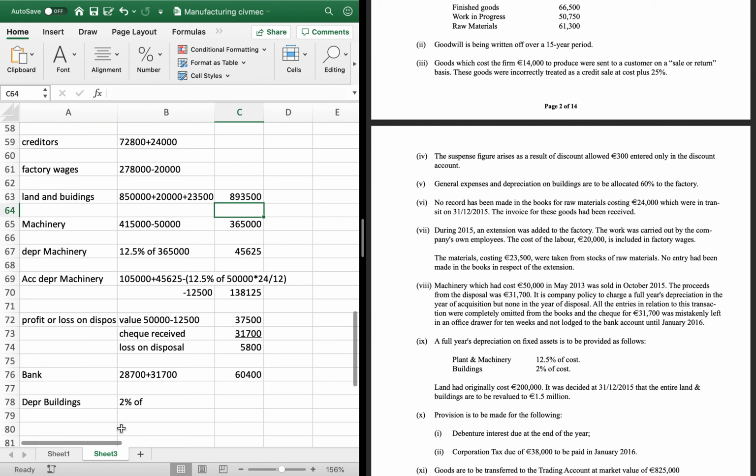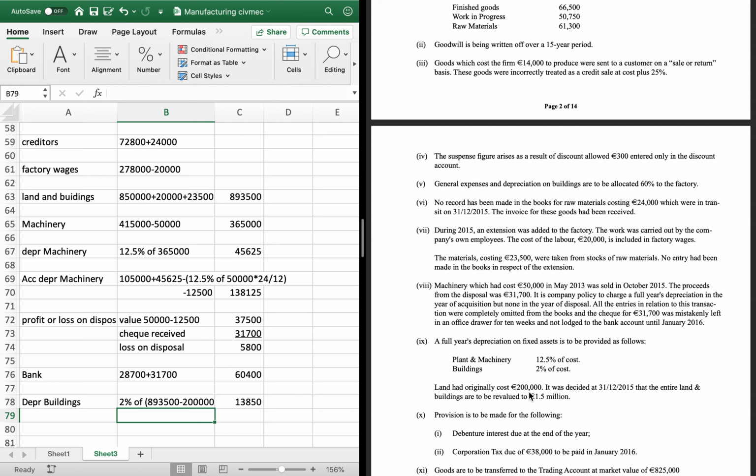Now, it's 893,500 minus the land. It tells us there was land that cost 200,000. So it's 2% of 693,500, which is 13,850.